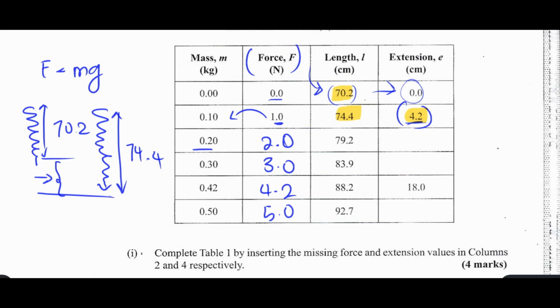Now, in a case where we don't have the extension, in order to find that, we subtract the old length from the new length. So to get that 4.2, you would have subtracted 70.2 from 74.4. We'll continue with that trend going down. In order to find the new extension here, we'll subtract 74.4 from 79.2.